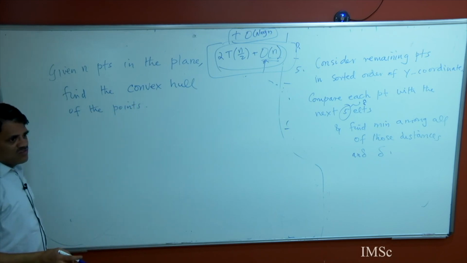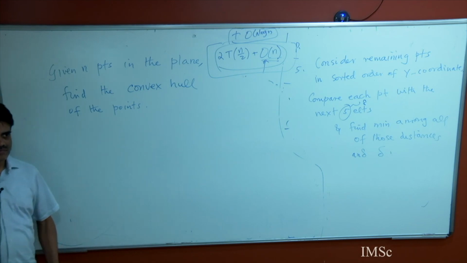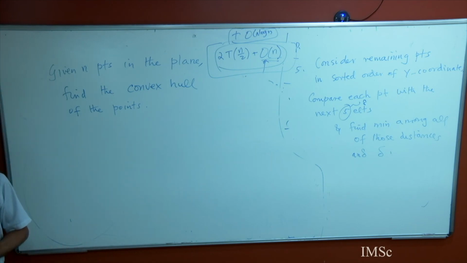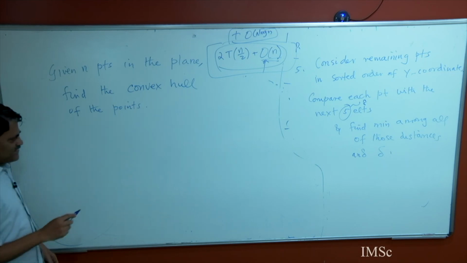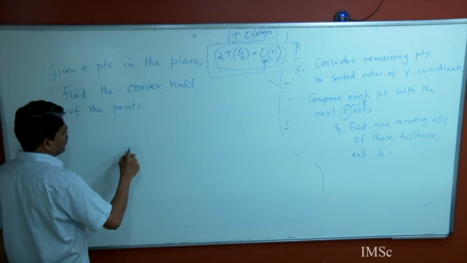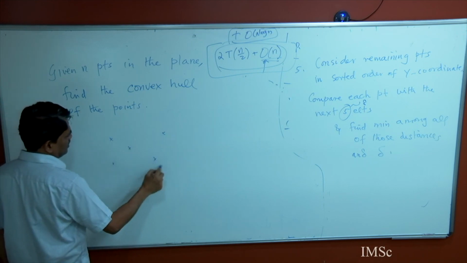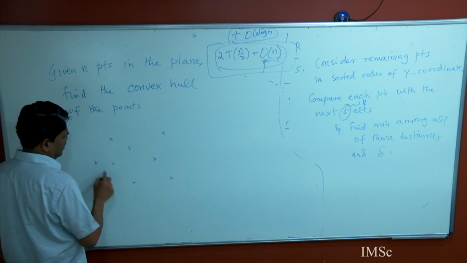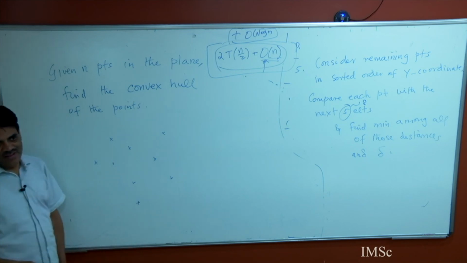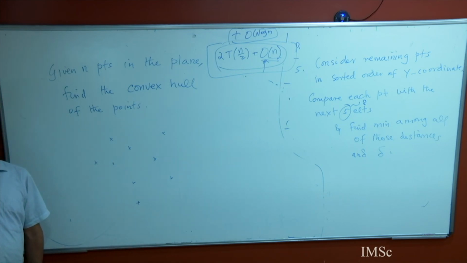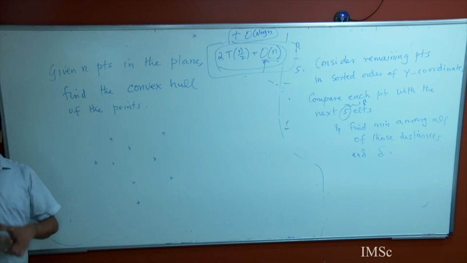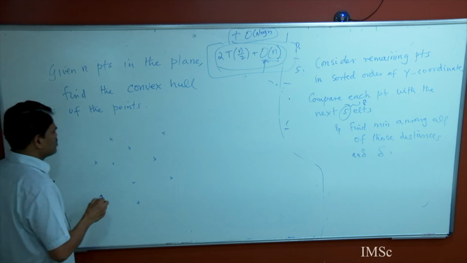Okay, what is a convex hull? A figure that encloses all the points. First of all, it has to be convex. It is the smallest convex set that encloses all the points.